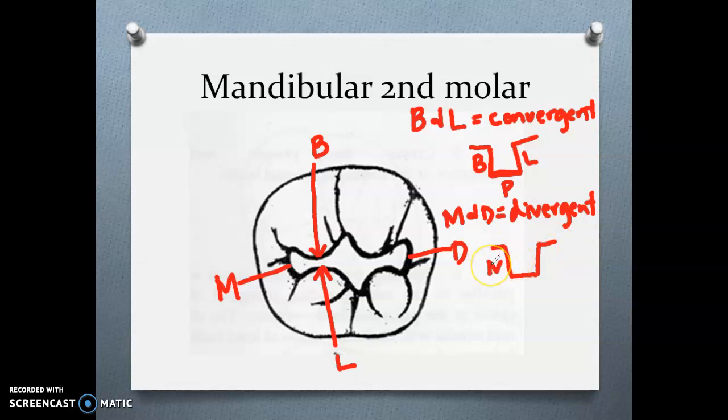So mesial and distal wall. This is pulpal again. This is outer surface. Okay. The convergence of your buccal and lingual walls should be equal to or less than 10 degrees. The divergence of your mesial and distal walls should just be around 2 to 5 degrees.